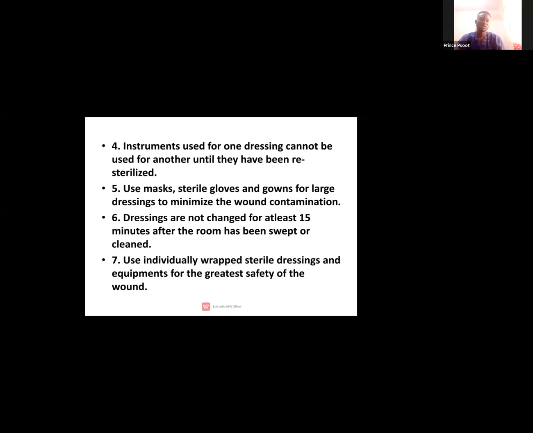You have only one set of instruments, and you feel you don't have the time to re-sterilize the instrument, so you just use the instrument from one patient to the other. That is outrightly wrong. Number one, you have committed a huge offense called malpractice. Number two, you have successfully distributed infections to all your patients. So instruments that you have used for one dressing cannot be reused immediately for another person unless you re-sterilize them.